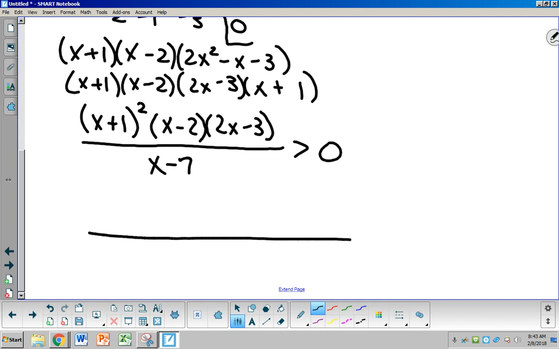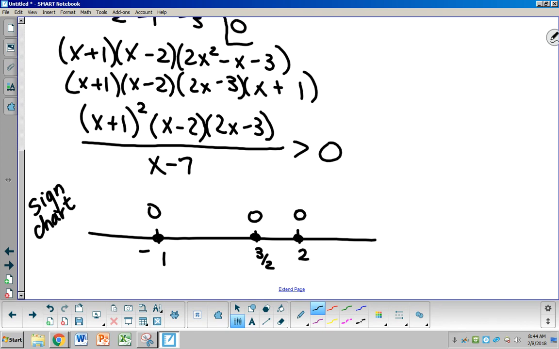So we're going to do our sign chart. So what are our zeros? -1. 3 halves. 2.